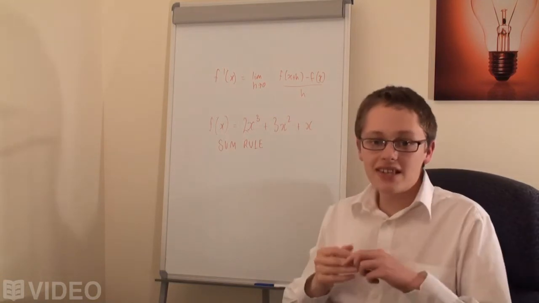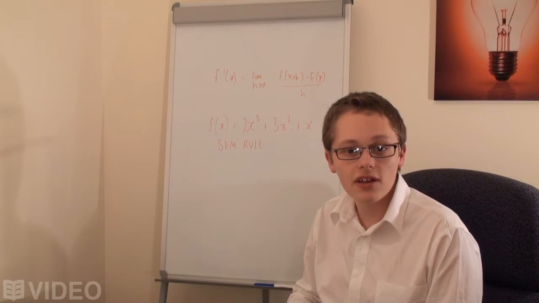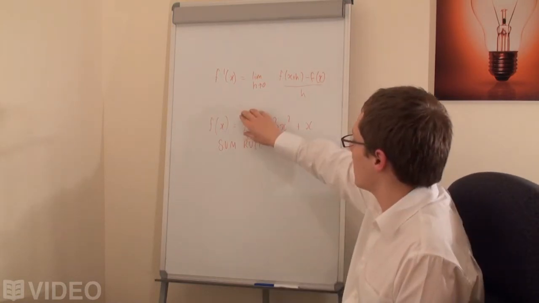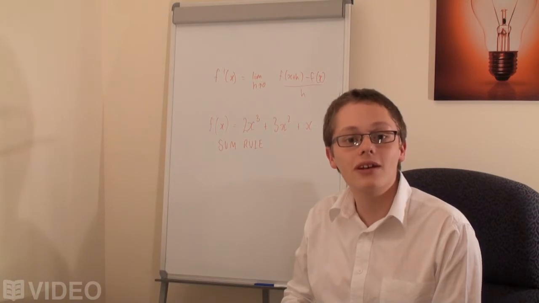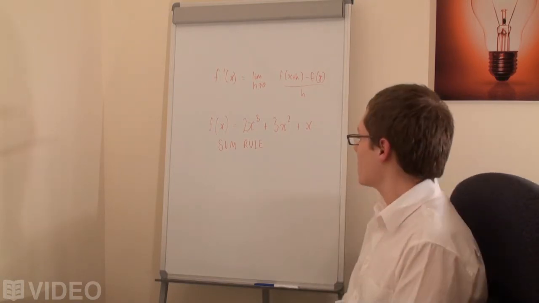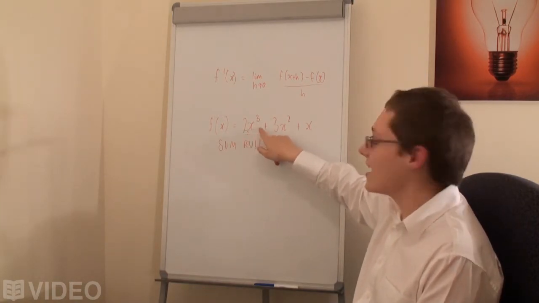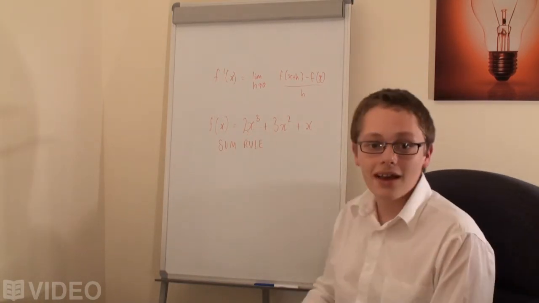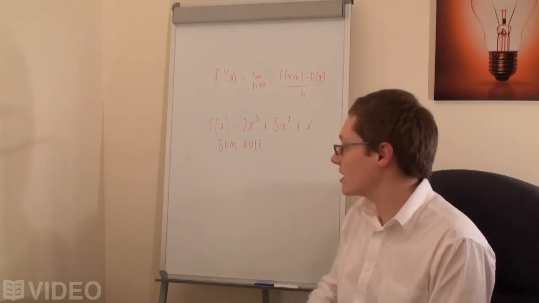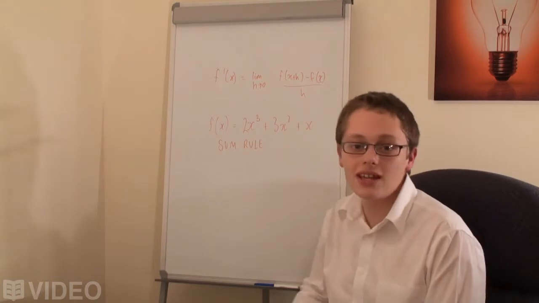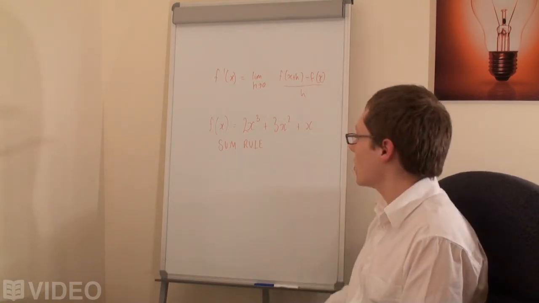And the sum rule says that if these are added or subtracted from each other, then we can actually differentiate each term individually and get an answer for it. And we know how to differentiate these powers because that's in the form of ax to the n. And hence, that means that we can actually differentiate anything that has pluses or negatives in it with basic polynomial terms. So let's give it a go.